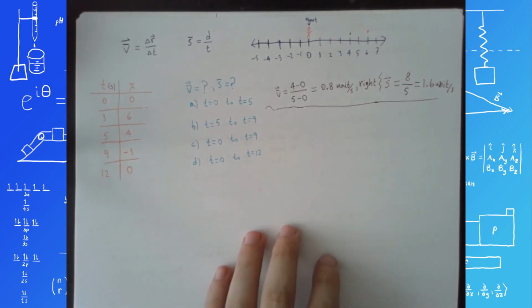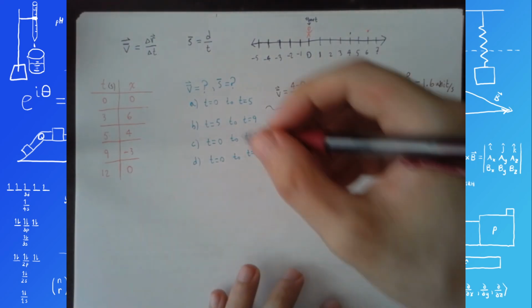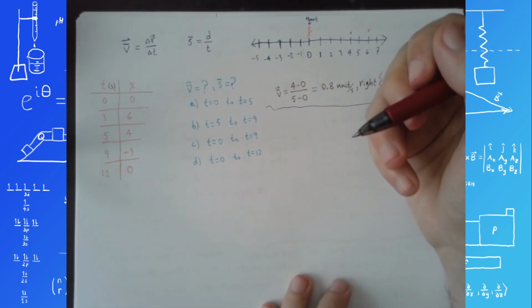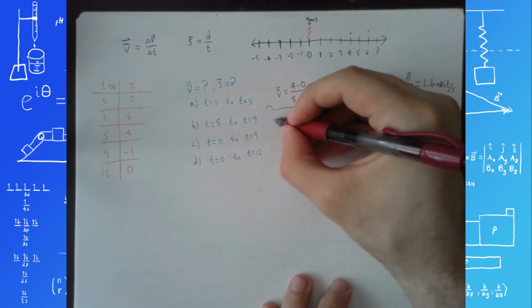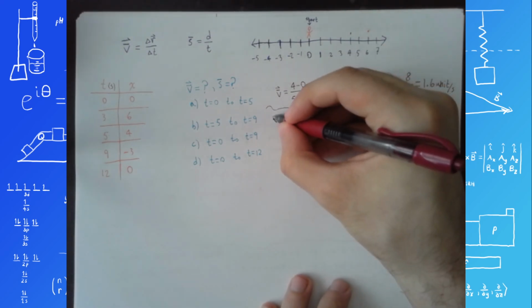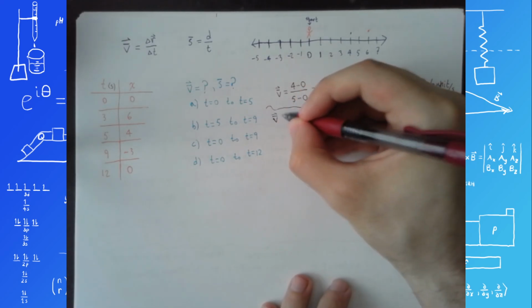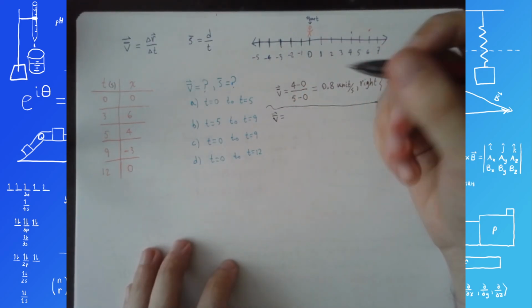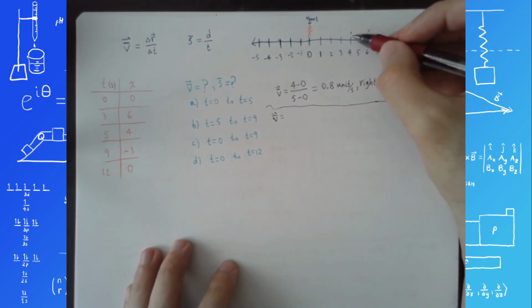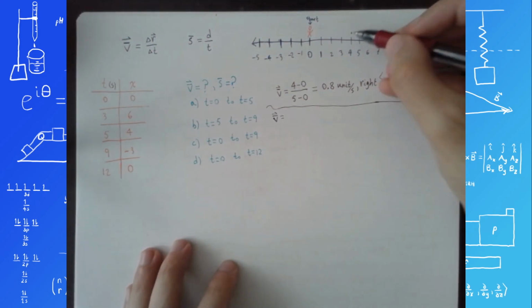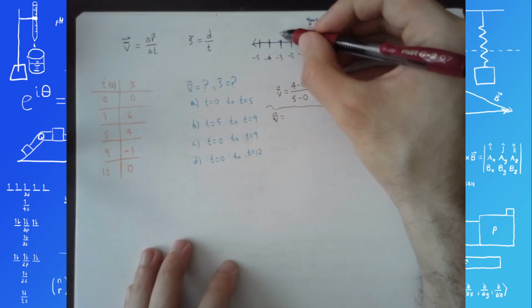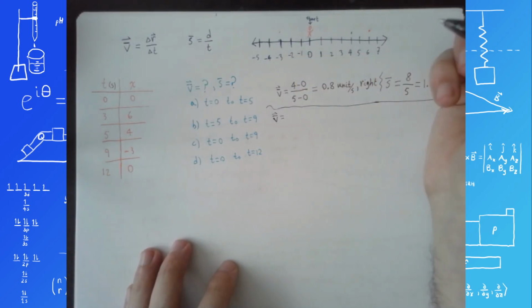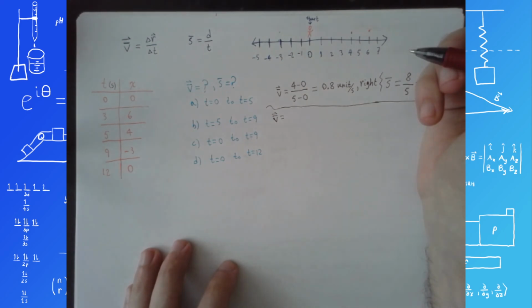Let's quickly run through the other ones. So we've got from 5 to 9, average velocity from 5 to 9. We have at time 5, they were at position 4. At time 9, they were at position -3. So from 4 to -3 is 7 steps to the left.